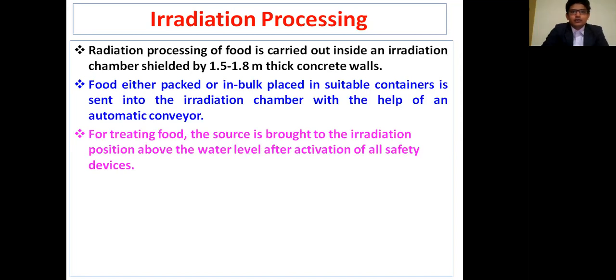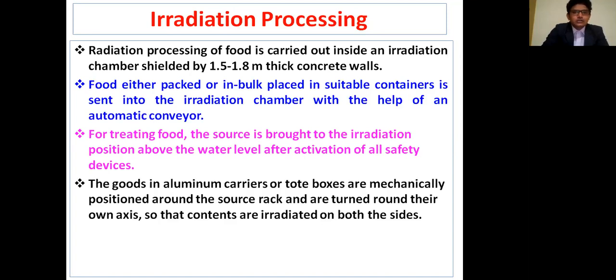For treating food, the source is brought to the irradiation position above the water level after activation of all safety devices. The goods in aluminum carriers or boxes are mechanically positioned around the source rack and are turned around their own axis so that contents are irradiated on both sides.